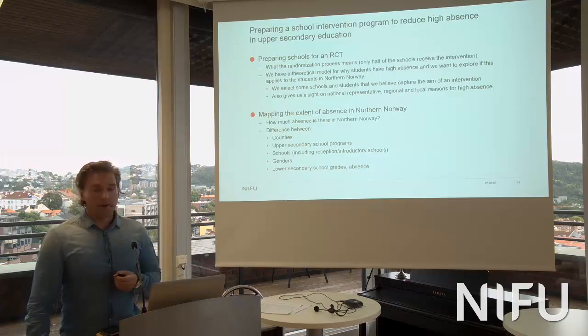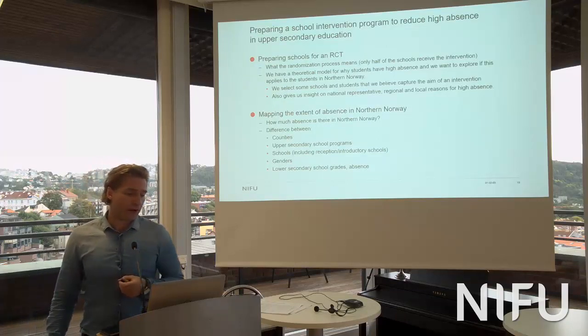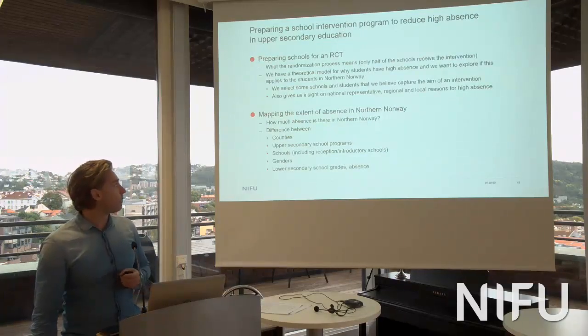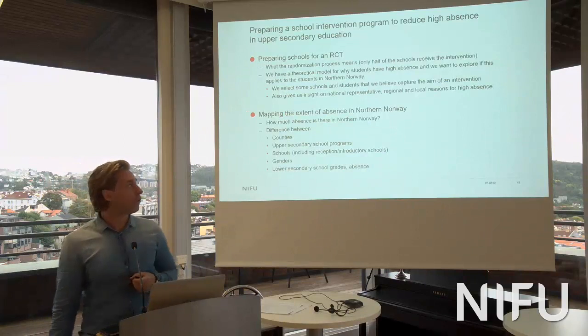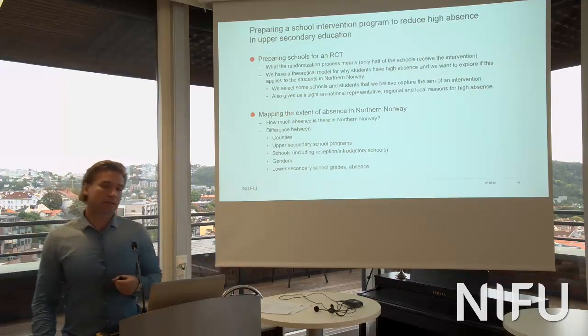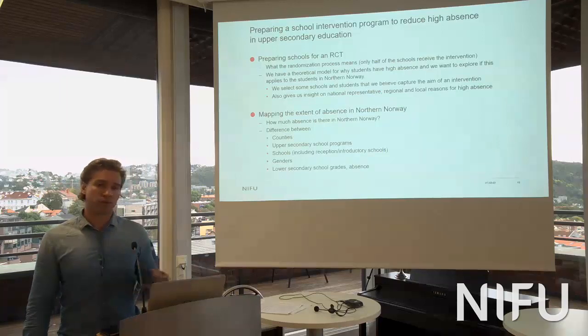What we are just trying to get now is some data from the counties in Northern Norway to map the absence. And what we are obviously concerned about is the variation in the counties themselves, but also in the school programs. We're also looking at whether the variation also concerns the schools.